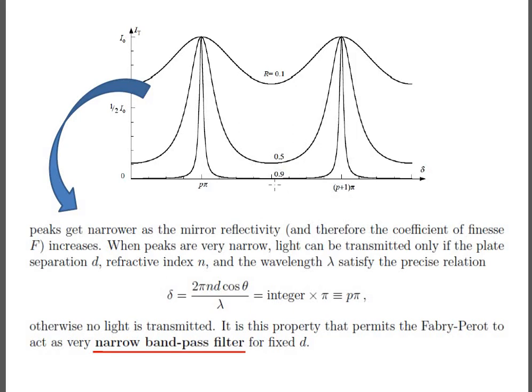It is this property that permits the Fabry-Perot interferometer to act as a narrow band pass filter for a fixed d. So we have learnt why it is used as a narrow band pass filter.